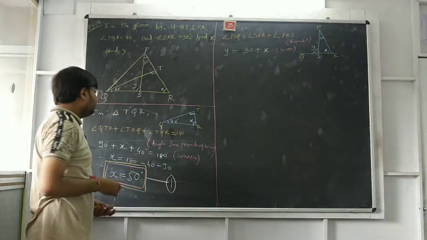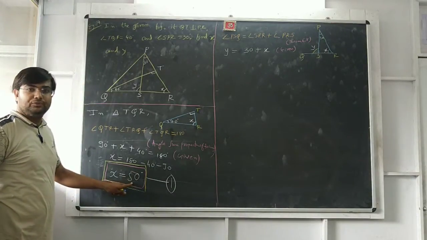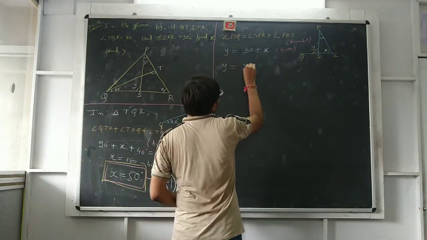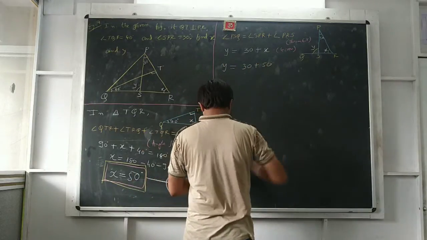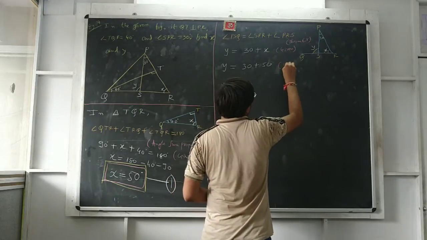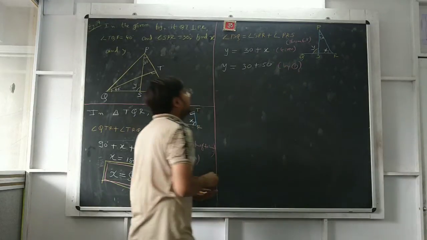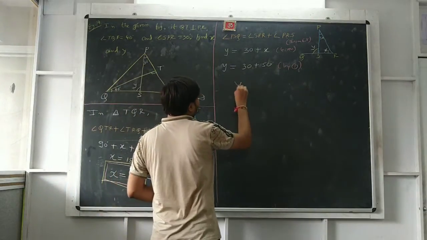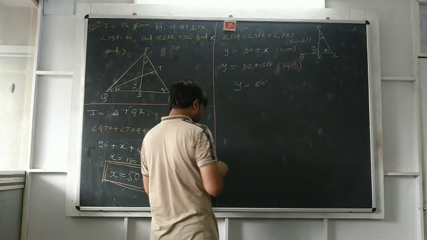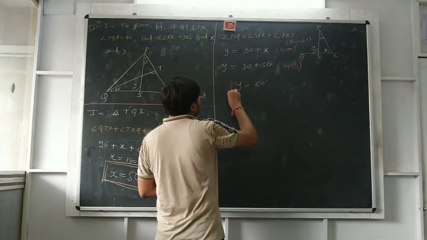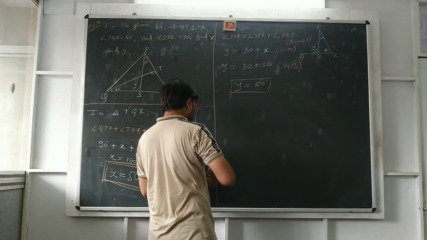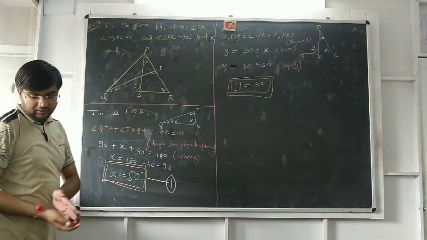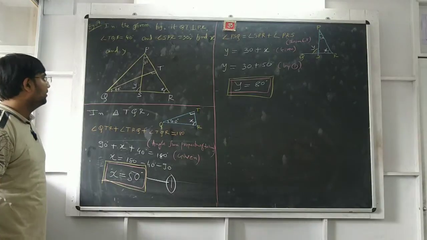We know that X is equal to 50, by equation 1. So Y is equal to 30 plus 50, which is 80. This is our answer: Y is equal to 80. Clear? This is our example 7.